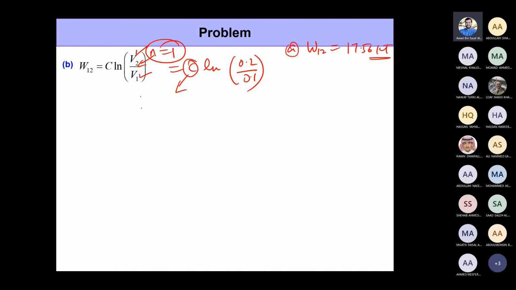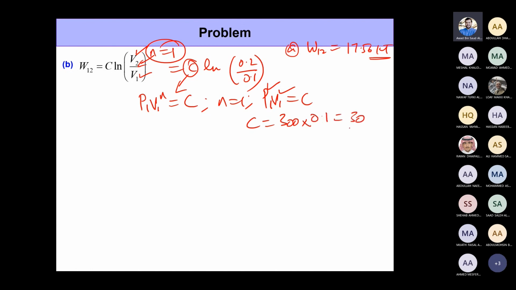So P1 V1 raised to n should be equal to C. In this case, n is equal to 1, so essentially P1 V1 is equal to C. We have pressure at state 1 and volume at state 1, so we can just plug in those numbers. C is equal to P1, which was 3 bar, so that's 300 kilopascal, times V1 which was 0.1 meter cube. So it's simply 30.